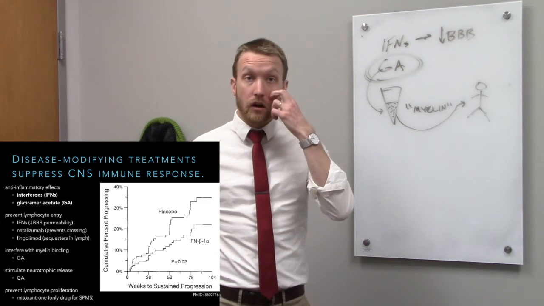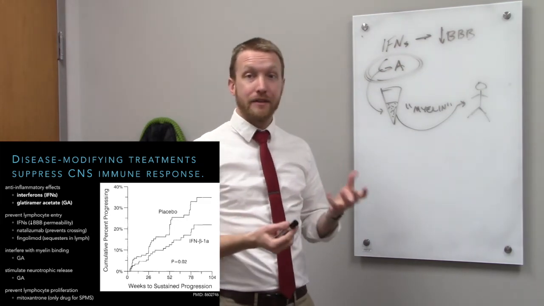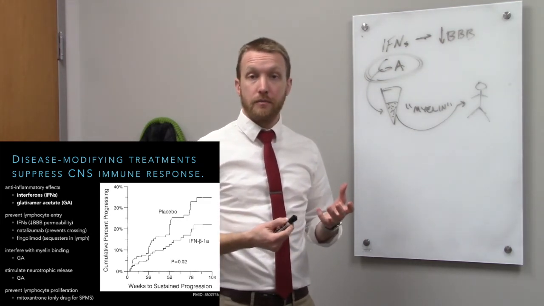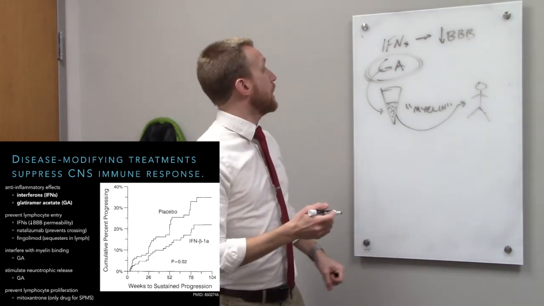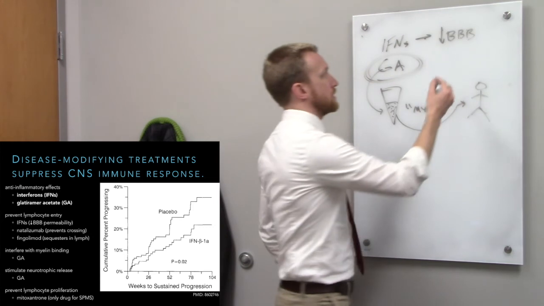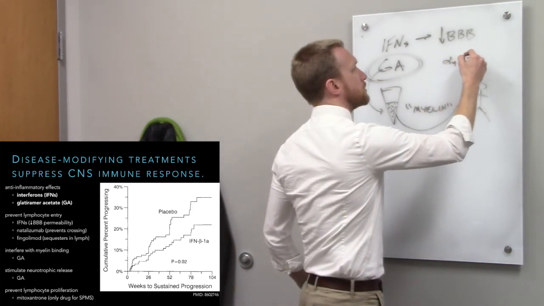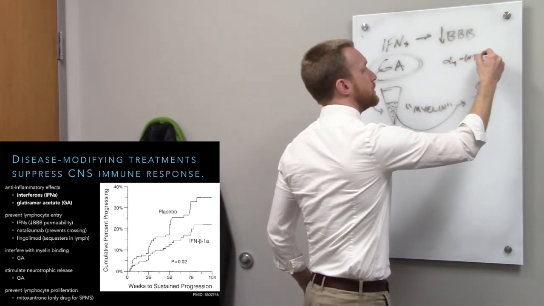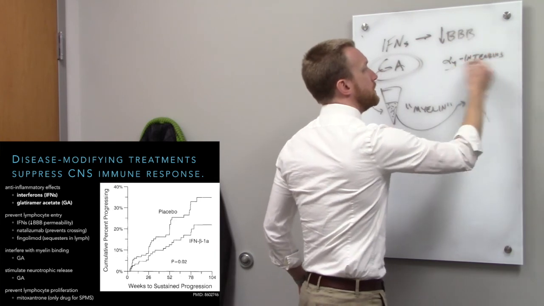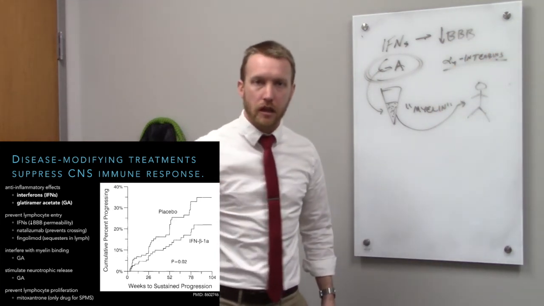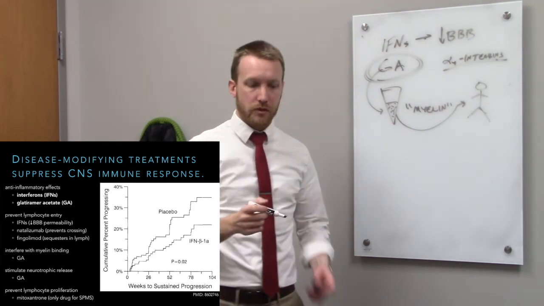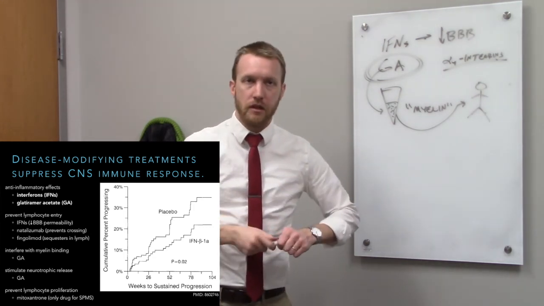Other treatments are going to either bind to the peptides that are targeted by white blood cells. So I could have this wrong, but I think it's alpha-4 integrins or something like that. These are proteins that are going to get latched onto by white blood cells and be used to transport them into the central nervous system.